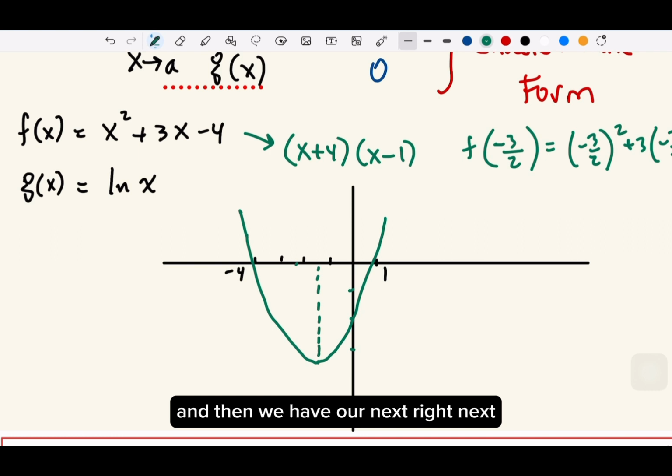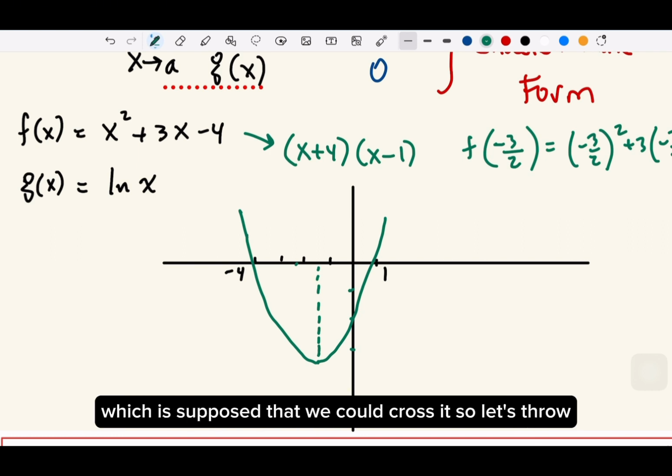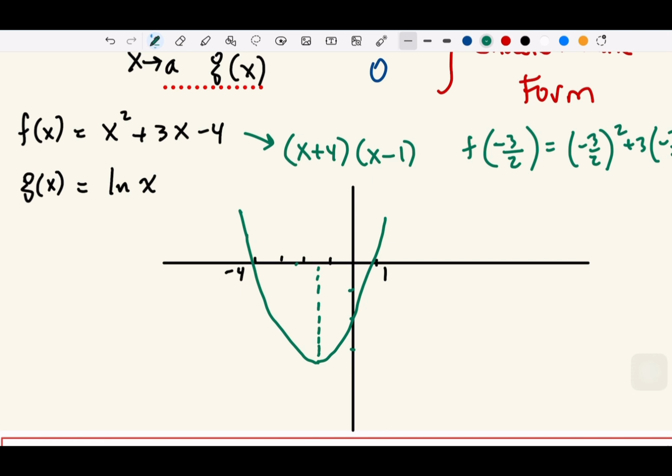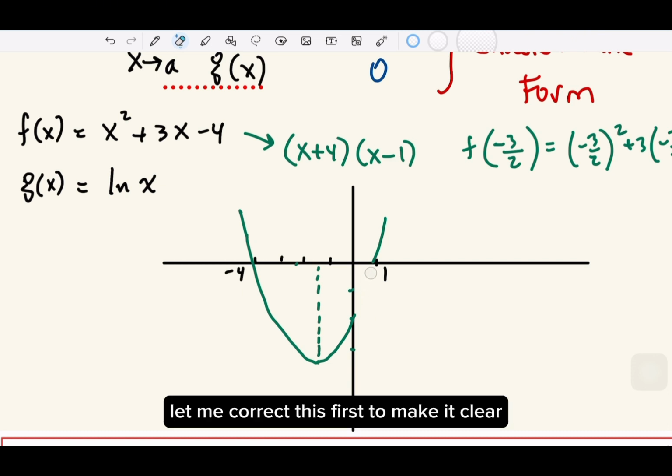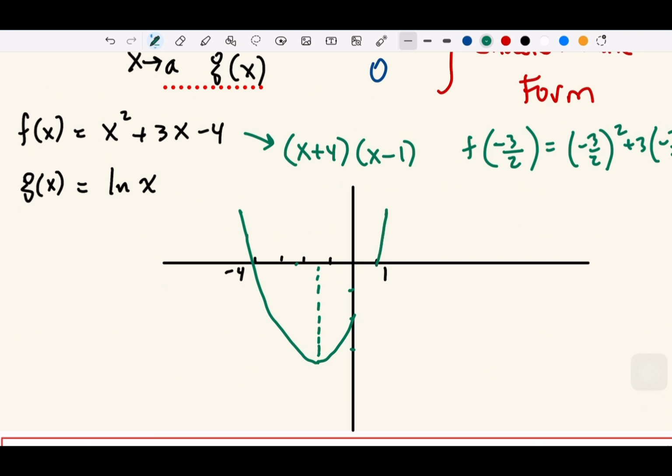And then we have ln x, which is supposed to cross this. So let's draw. Let me correct this first to make it clear. Maybe like that.